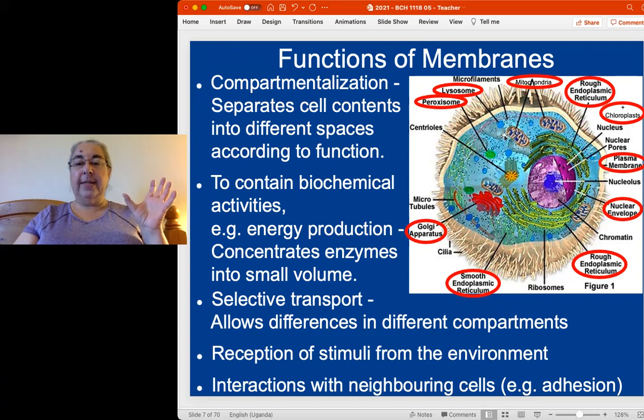compartmentalization, separating the cell into separate compartments, into separate parts, which are able to contain different things and therefore carry out a different function. One example that I've already told you about is the lysosome, the recycling center of the cell, responsible for breaking down cell contents when they're worn out.